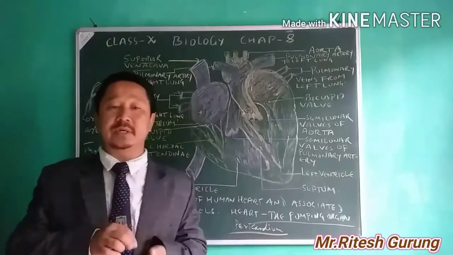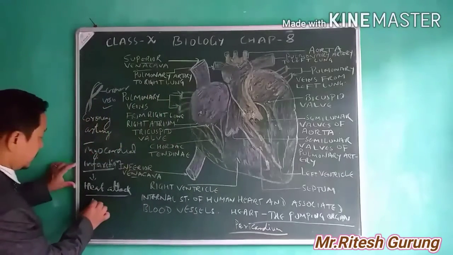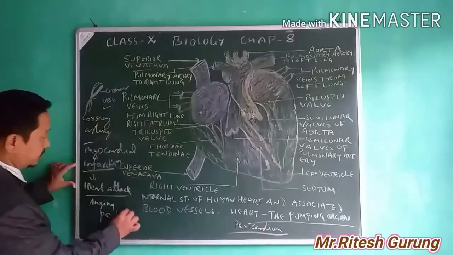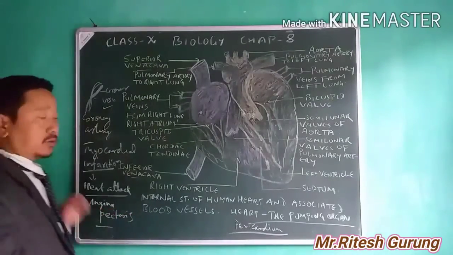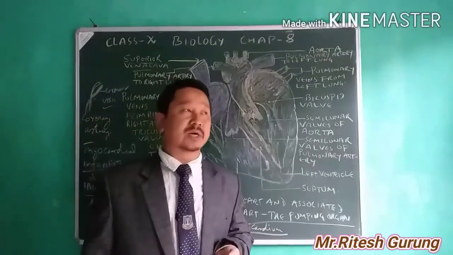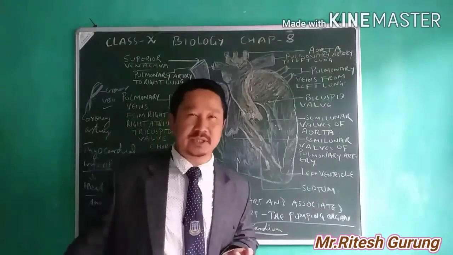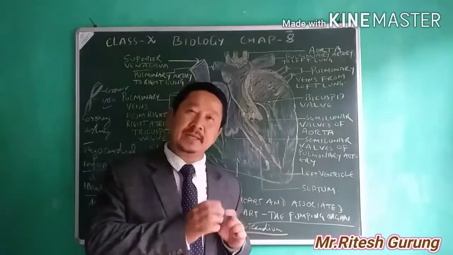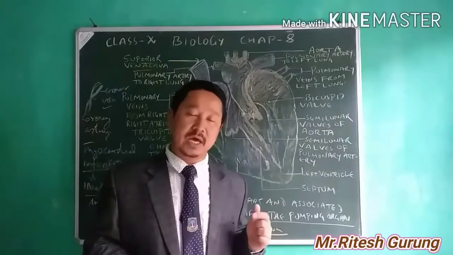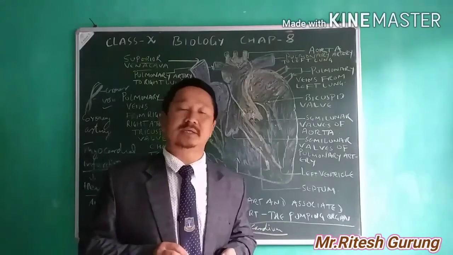Another problem is called angina pectoris, in which there will be chest pain. Angina pectoris is a disease where there is pain in the heart due to insufficient supply of blood to the muscles of the heart.